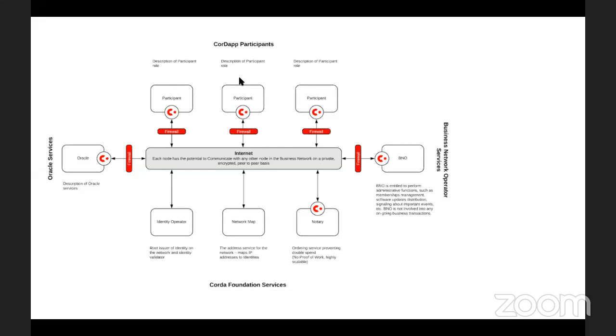When you look at the overall Corda network structure, there are all the participants, for example banks, plus the notary, plus the network map and identity operator, and then the oracle.